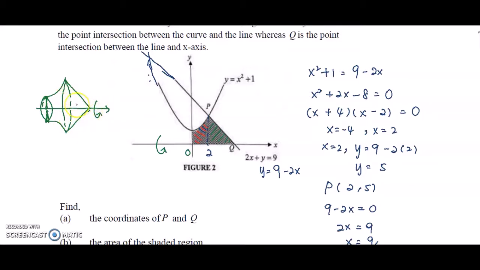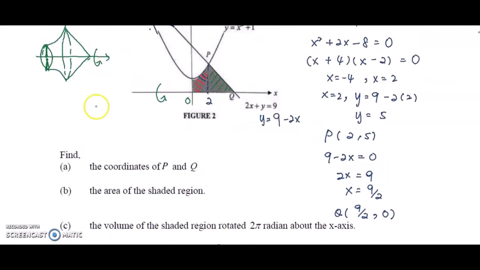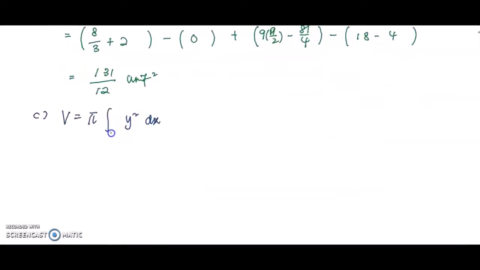To get the volume of this solid, you need to separate it into two sections. First, the volume of this first solid, and we have a second solid, which is just like a cone. We need to separate it and calculate the volume. So this is the formula to get the volume.